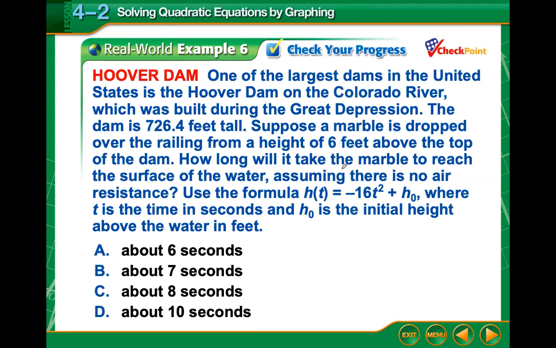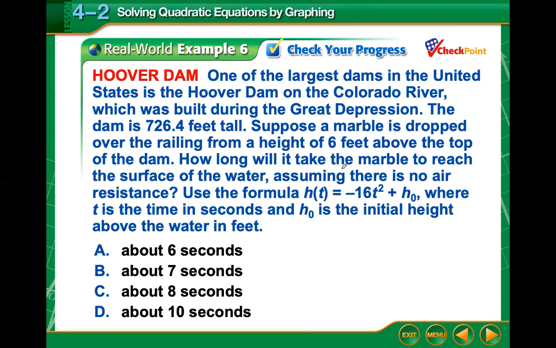All right, here is your problem. Go ahead and try solving how long it would take the marble to reach the water. All right, so here we have one of the largest dams in the U.S., the Hoover Dam on the Colorado River, which was built during the Great Depression.